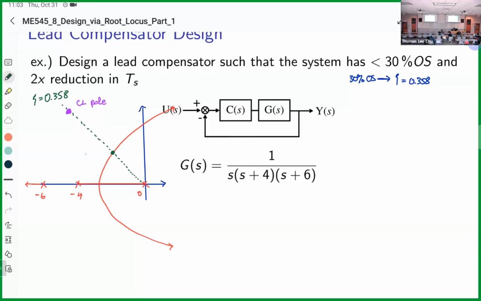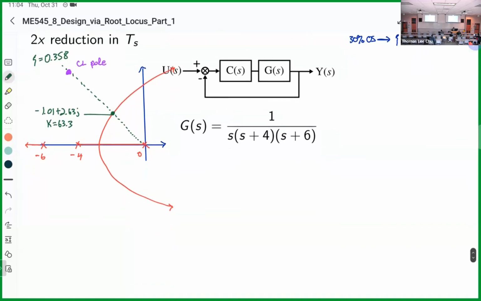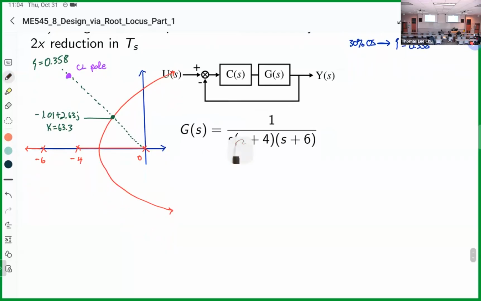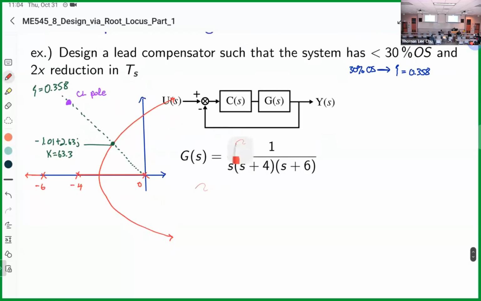And this point here, which is just found in MATLAB, is negative 1.01 plus 2.63j with a gain of 63.3 at that point. Then we're going to use second order approximation again to calculate the settling time, to find Ts uncompensated.